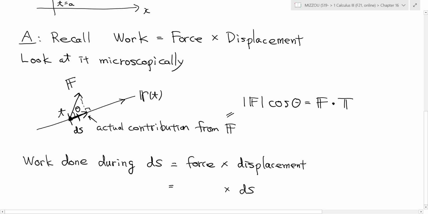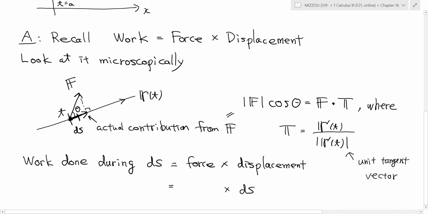Remember, T is the unit tangent vector of the curve. That's the derivative divided by its magnitude, to make it into a unit vector called the unit tangent vector. Why?